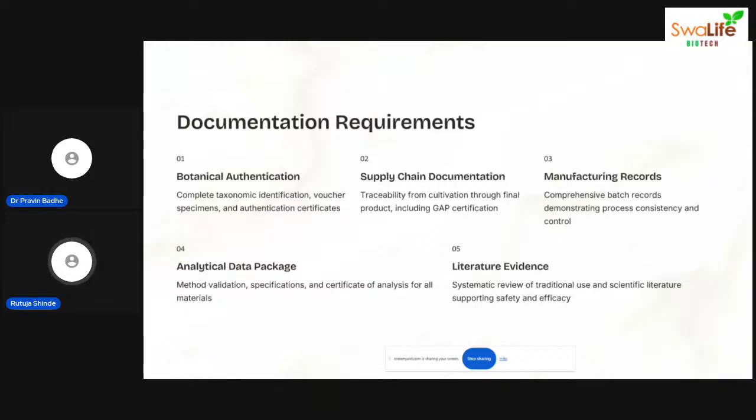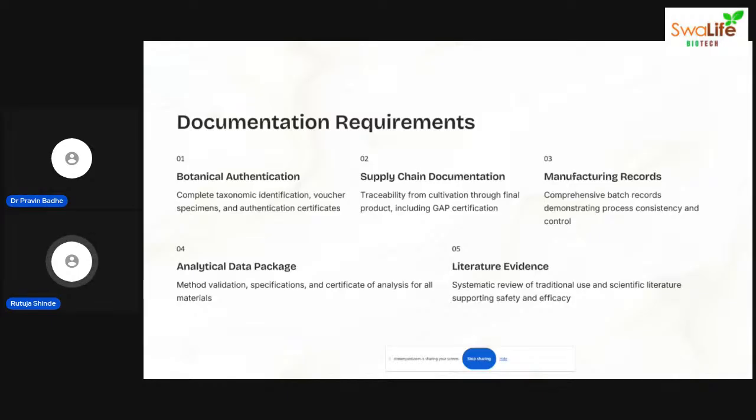Next is documentation requirements. When preparing a submission, documentation is key. For herbal products, regulators expect very specific records. This includes full botanical authentication with taxonomic identification, supply chain documentation that tracks the plant from cultivation to finished product, and detailed manufacturing records showing consistency.